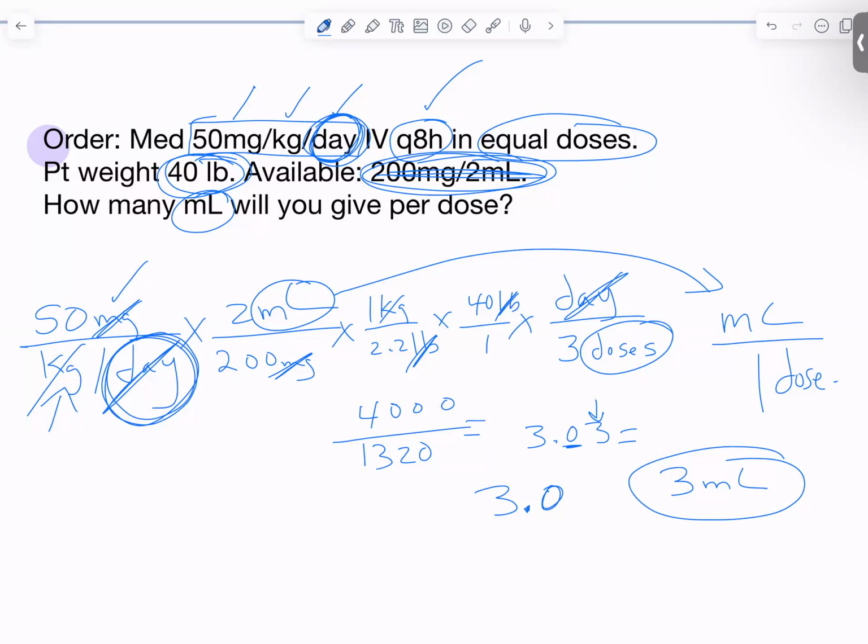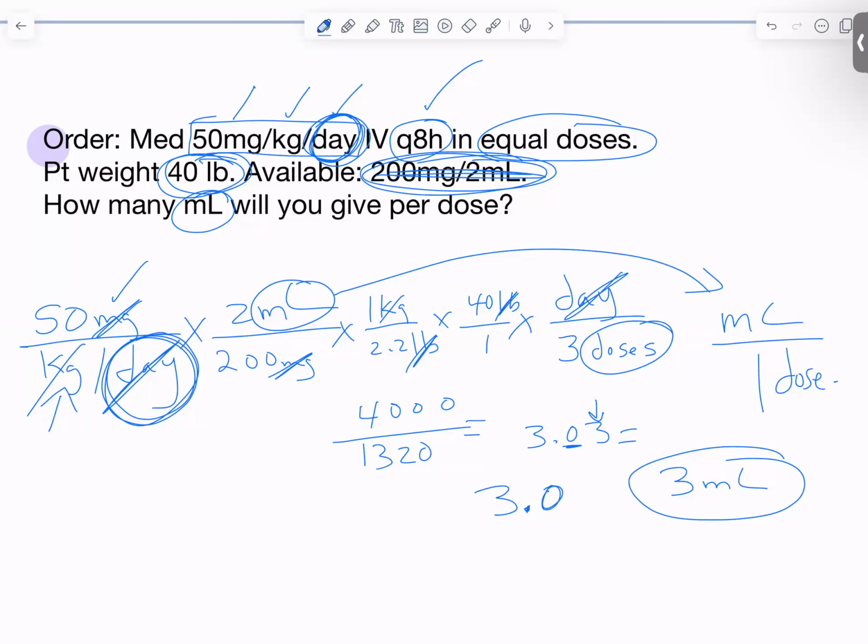Well, I want to get rid of kilograms first. The baby's weight is provided in pounds. So 1 kilogram is 2.2 pounds, and the baby weighs 20 pounds, and I put that over 1. All right, so I got rid of the kilograms and the pounds, and I'm left with milligrams, and that's all I needed.